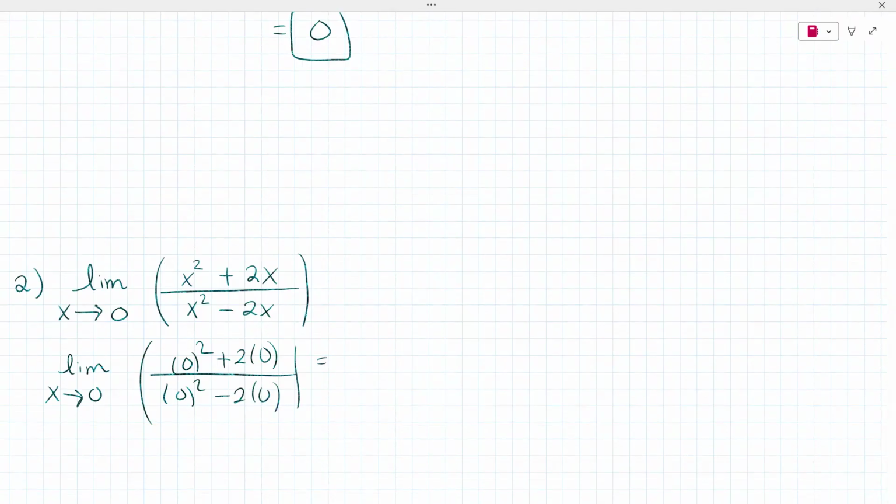We get 0 on top, and on the bottom 0 squared minus 0 is 0. And unfortunately, you have an indeterminate form, which is not good.